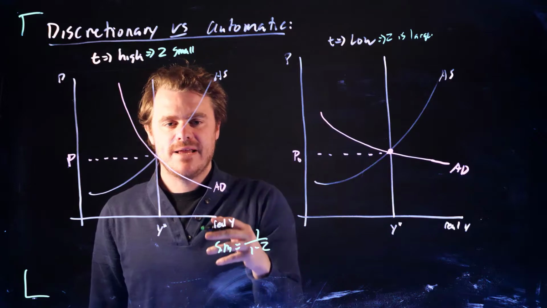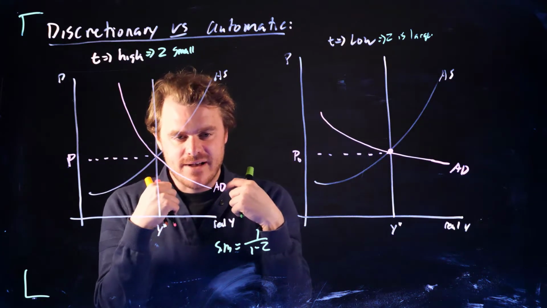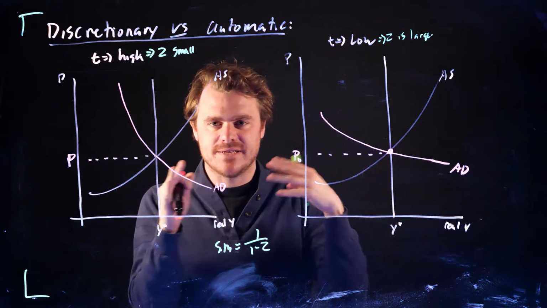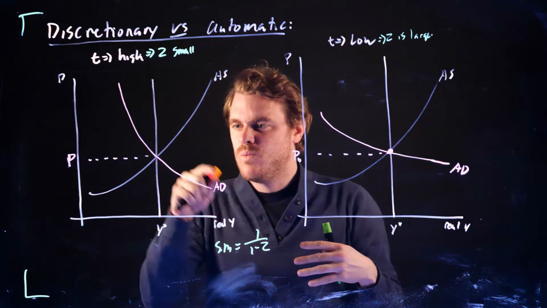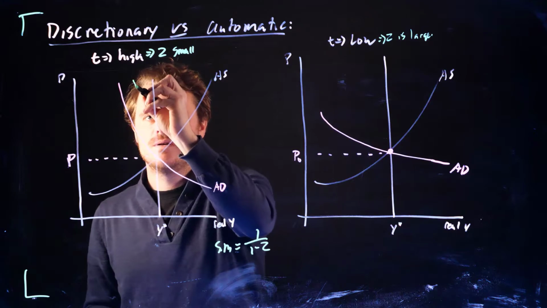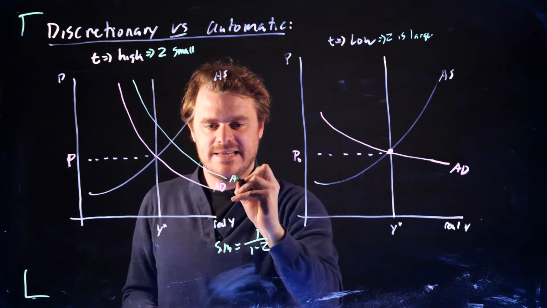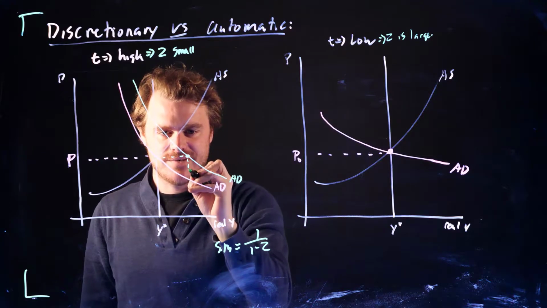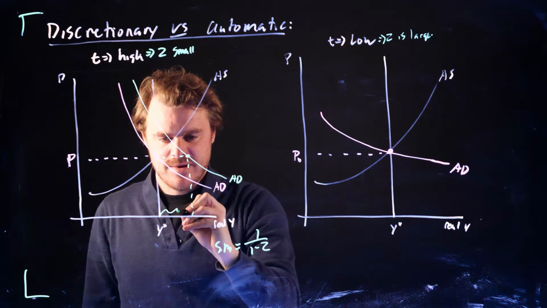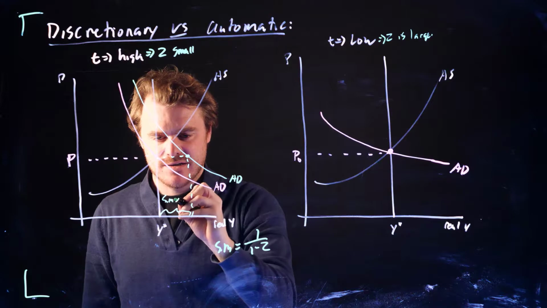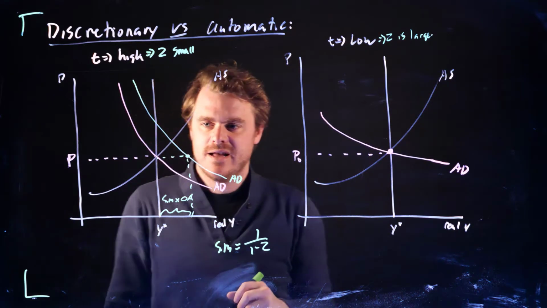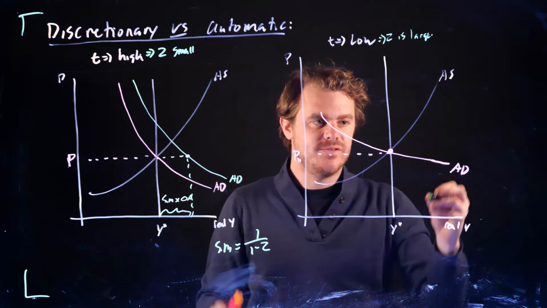And so what's happening here is if there is some kind of aggregate demand shock in both these economies of the same size, well, in this economy, this AD, so let's say it's an expansionary AD shock, this horizontal shift is, remember, the simple multiplier times the change in A. It's going to be relatively small.